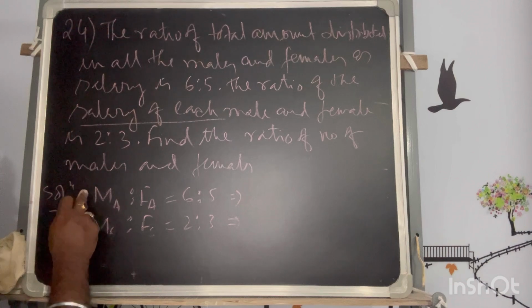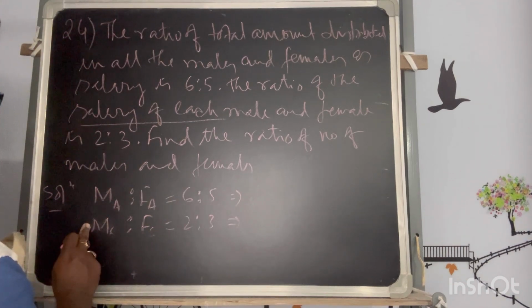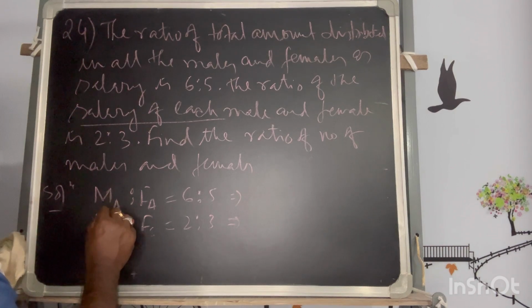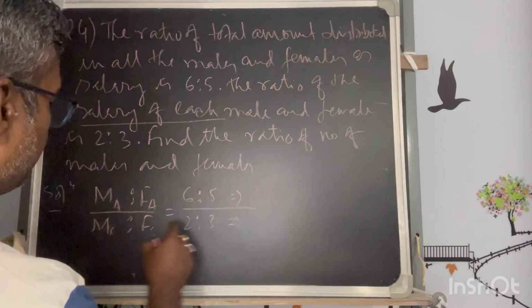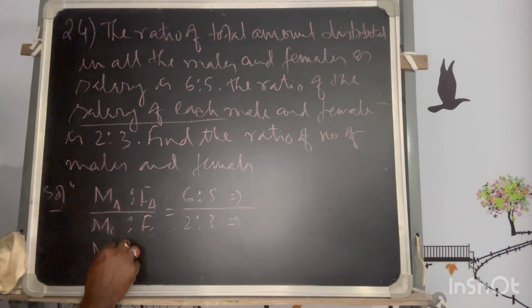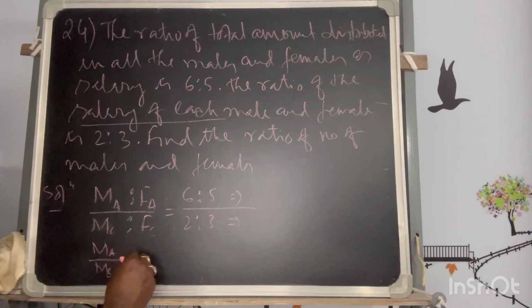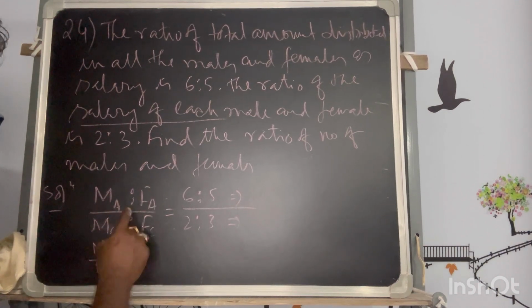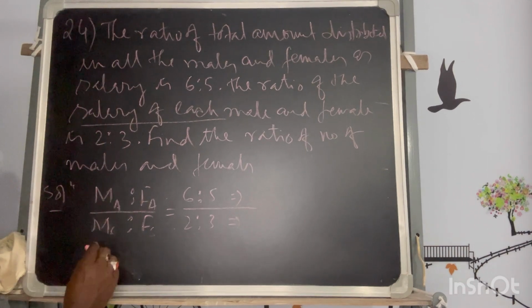If I assume all males are getting equal salary, then if I divide by this, I will get the number of male, salary drawn by all male over salary drawn by each male. So this is to this, which means ultimately what can I write?